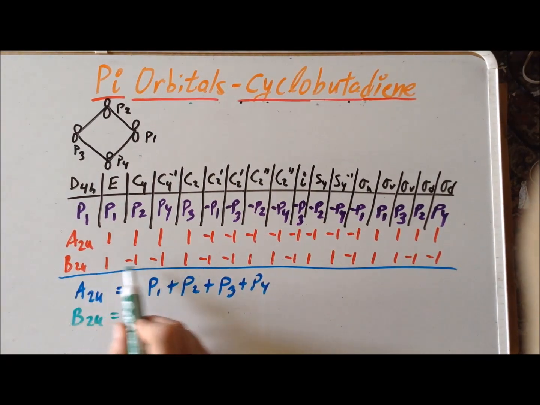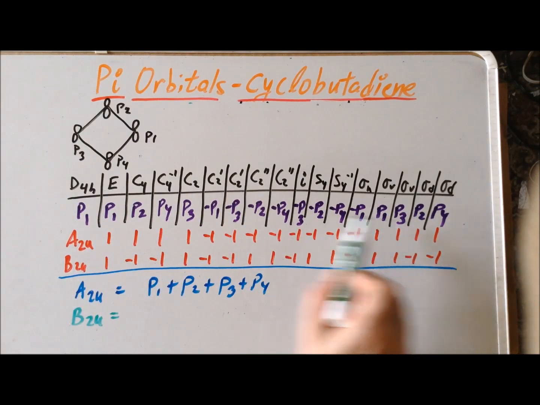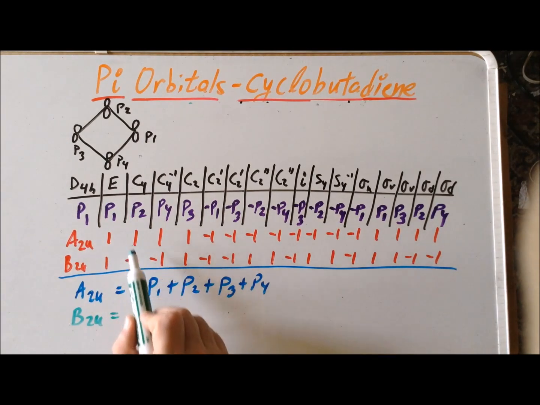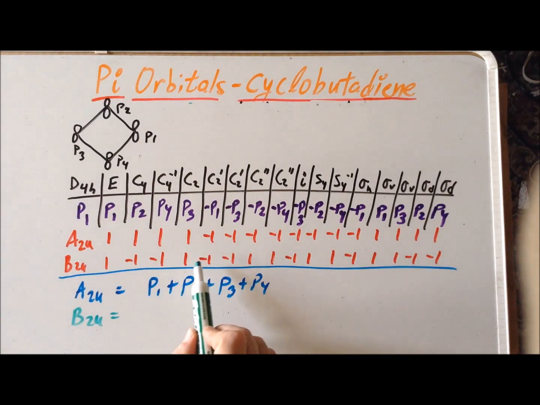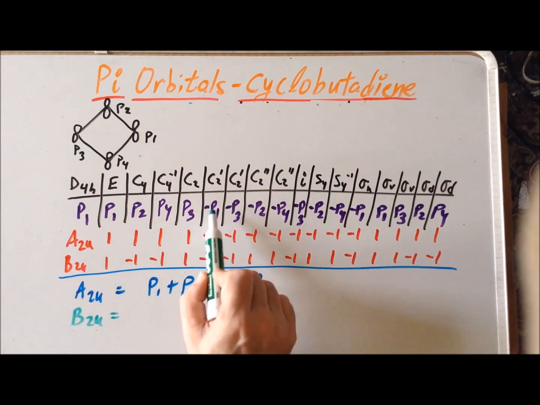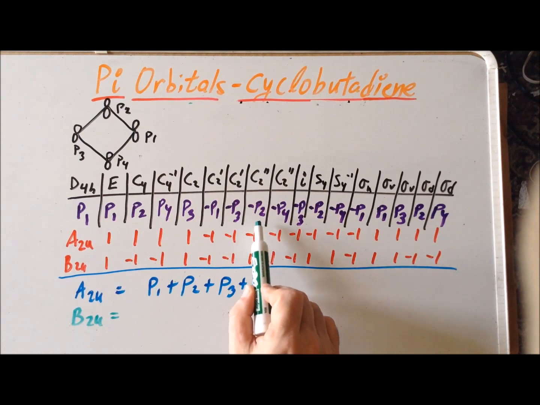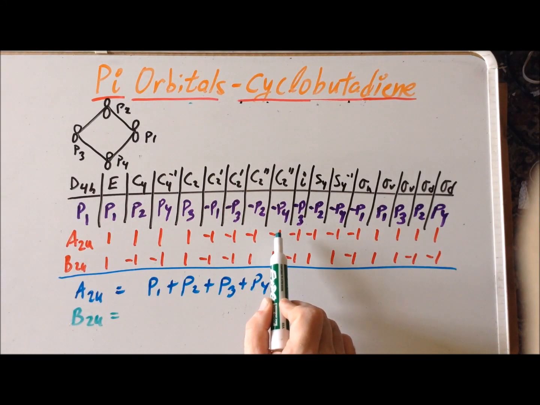Again, we look at the characters in the row, and we multiply this character times the term in the projection operator line in purple. So we have 1 times P1 minus P2 plus P3 minus P4. And again, minus 1 times minus P1 gives us plus P1, minus P2 plus P3, minus P4.